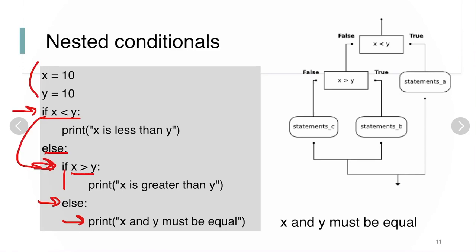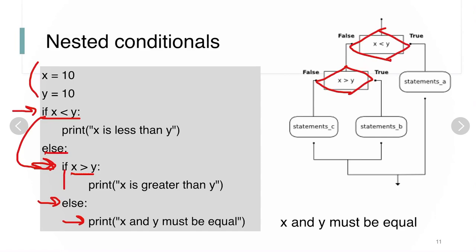So this is a nested if statement, and on the right hand side you see how the flow chart is showing these two if statements. One is inside the other. It is inside the else part of the first if statement.